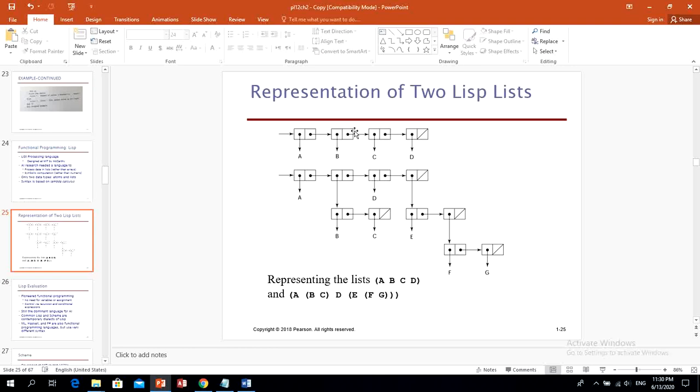This is the representation, similar to this analogy, as you could see here. Those of you who studied data structures would be able to understand some analogy of this representation of the Lisp programming language.